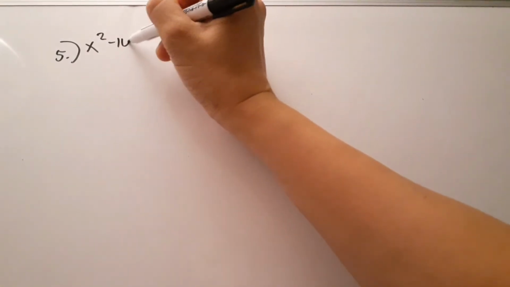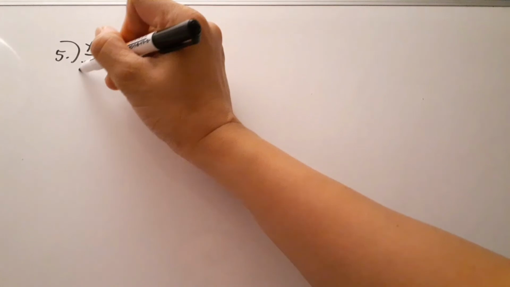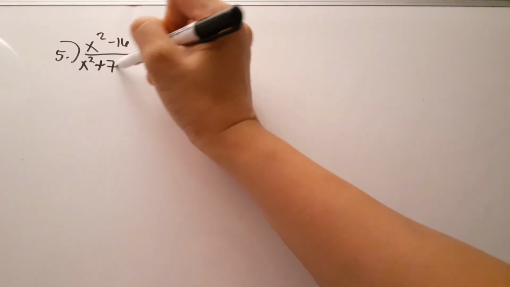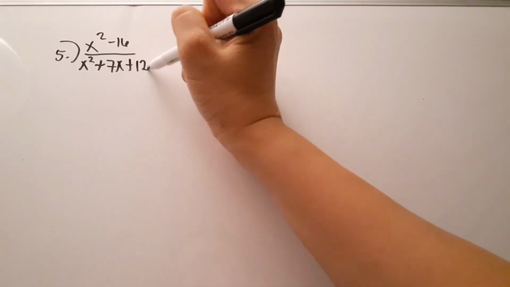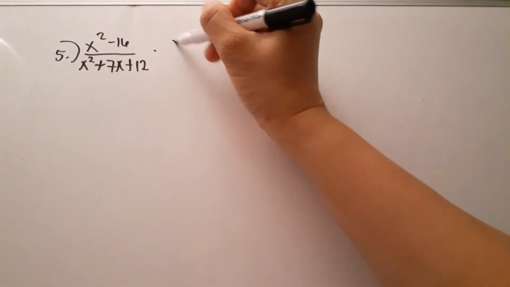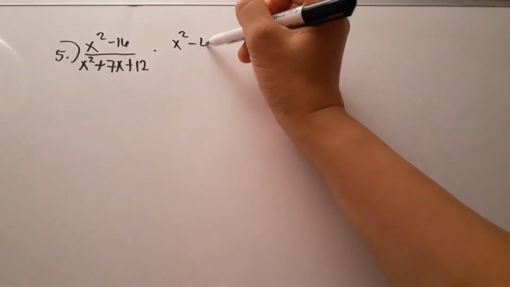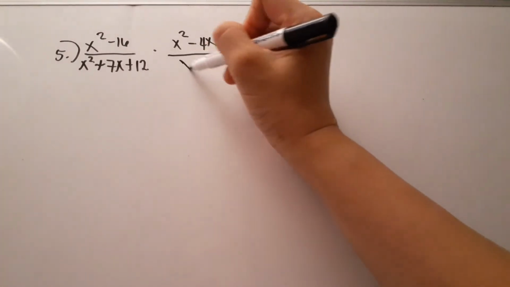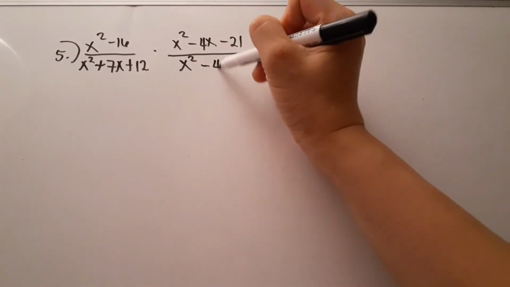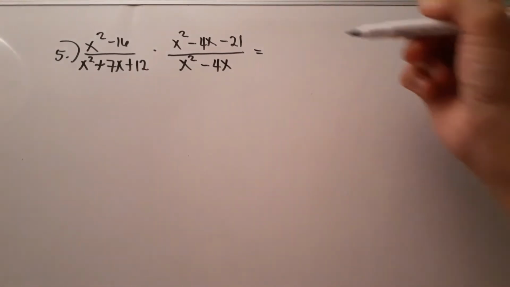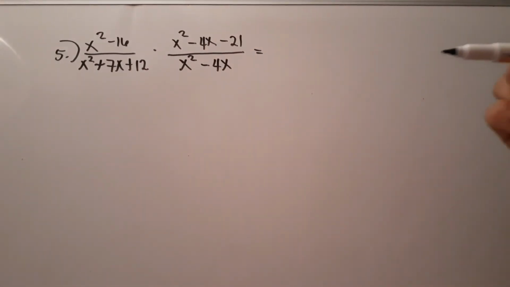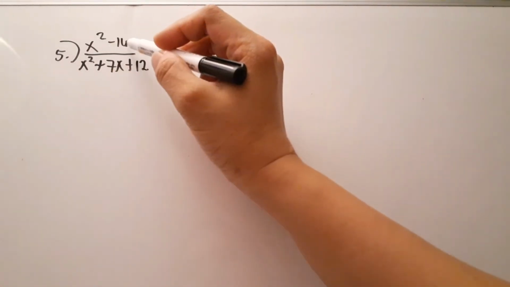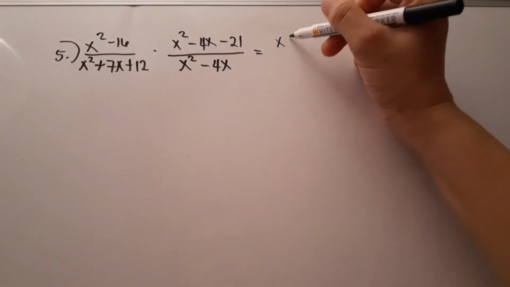And then example number 5: x squared minus 16 over x squared plus 7x plus 12, multiplied by x squared minus 4x minus 21 over x squared minus 4x. We can directly multiply this by connecting to each other.